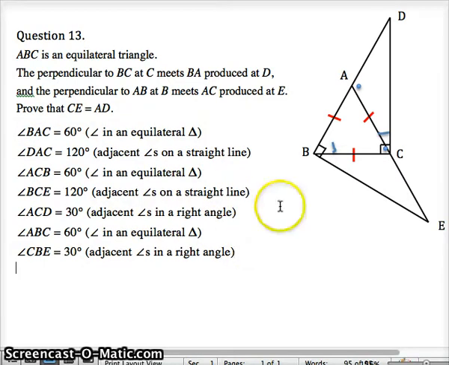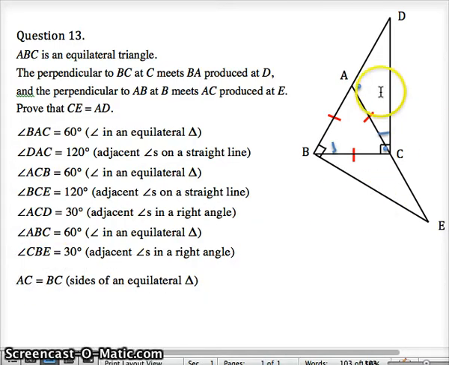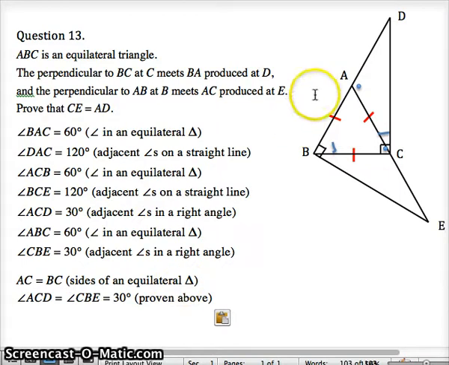So we can now say that to prove that the triangles are congruent, firstly, we know that AC equals BC because they're sides of an equilateral triangle. We can also now state that angle ACD equals angle CBE, which was proven above, and they're both 30 degrees.